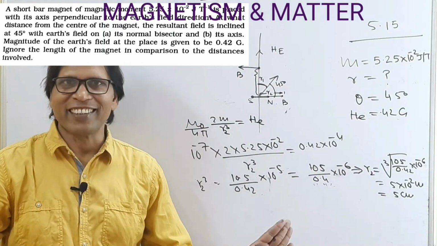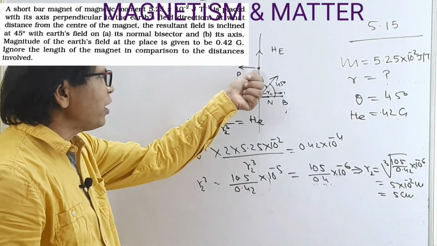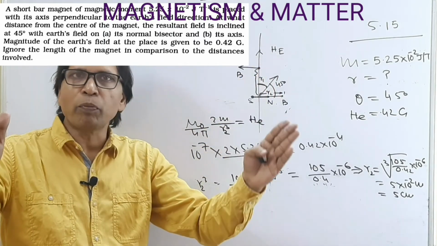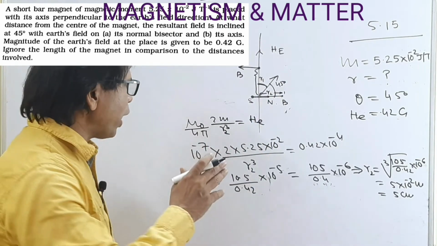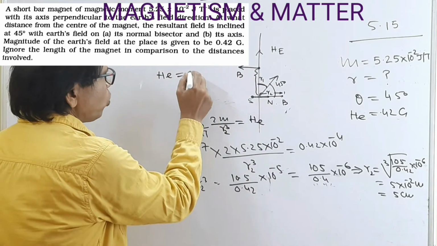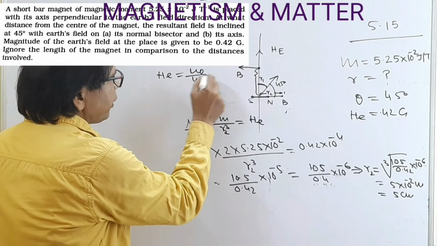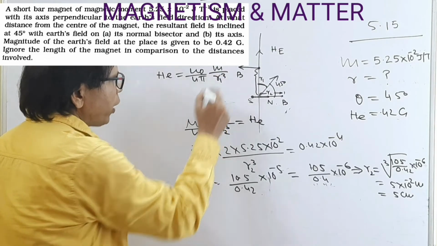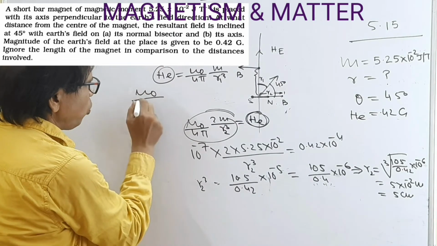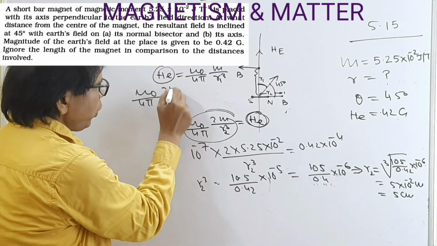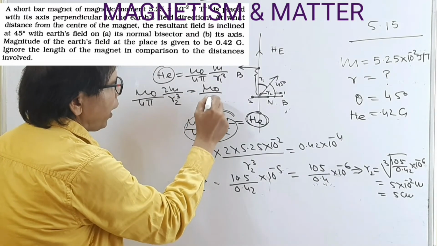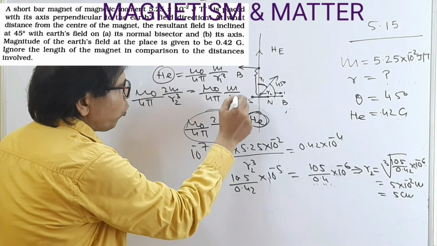Okay, next, now look at this, at this point the magnetic field due to the magnet is equal to the horizontal component of the earth's magnetic field. Now H equals mu naught by 4 pi, m by r1 cube. Now this H equals mu naught by 4 pi, 2m by r2 cube, equals mu naught by 4 pi, m by r1 cube.